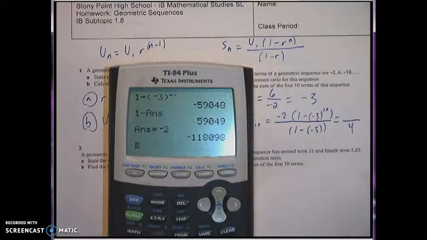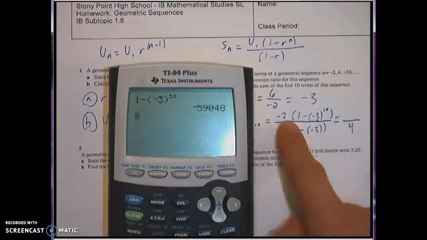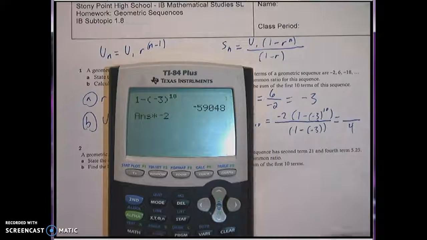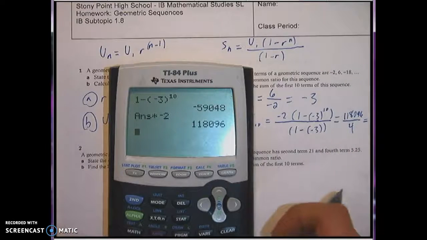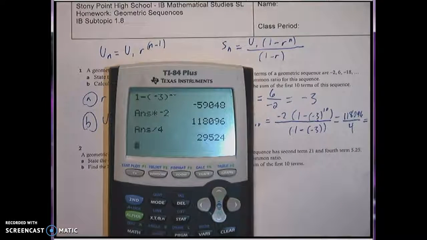Whoops, screwed that up, didn't I? Let's try that again. 1 minus -3 to the 10th power, and then we need to multiply that by -2. My apologies, that's 118,096. Divide that thing by 4, and you've got your sum. It's 29,524.